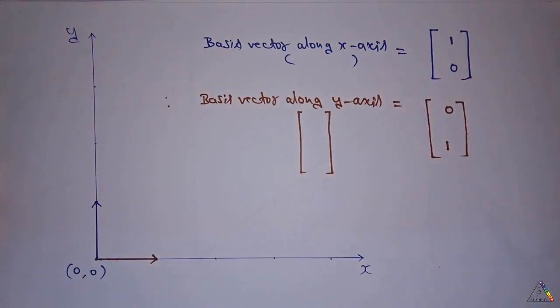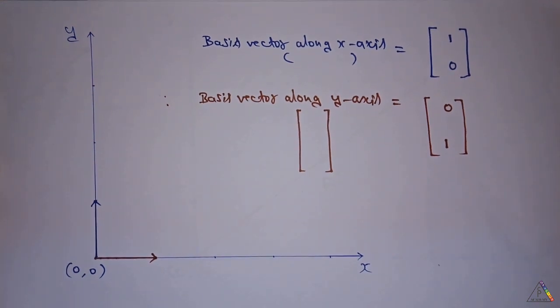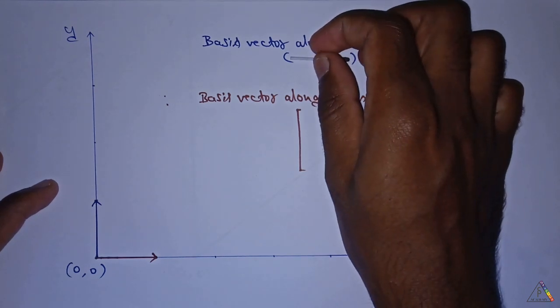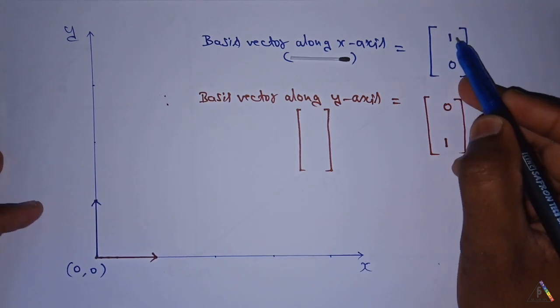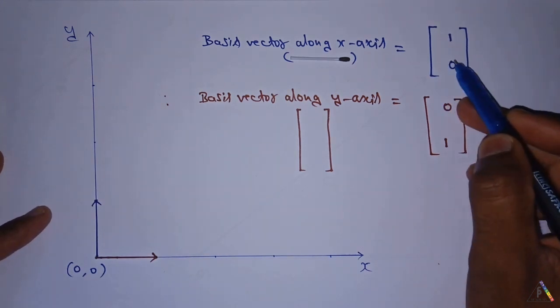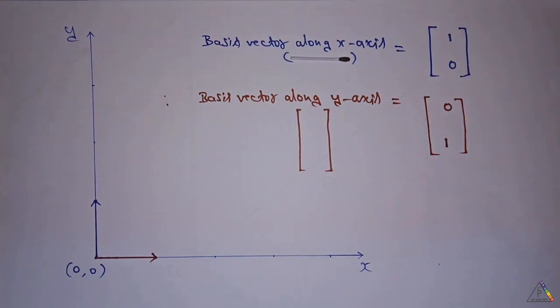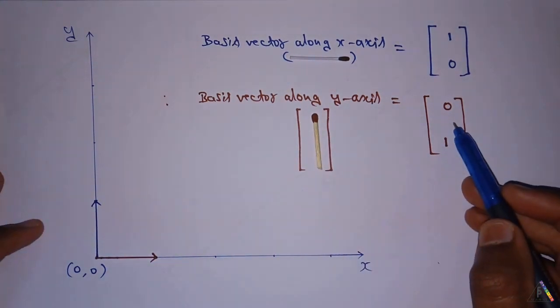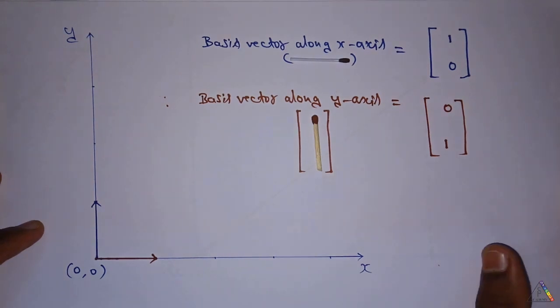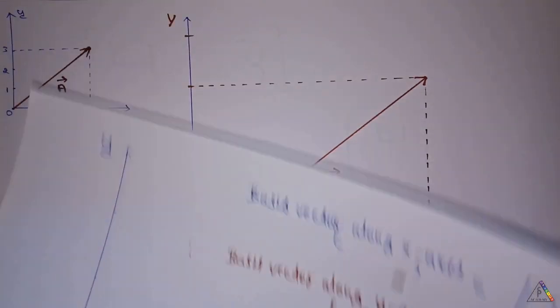Here I am representing the basis vectors along the x-axis and y-axis by column matrices. The basis vector along the x-axis, that is x cap with unit length, has the component of 1 along the x-axis and the component of 0 along the y-axis. Similarly, the basis vector along the y-axis, that is y cap, has the component of 0 along the x-axis and the component of 1 along the y-axis.